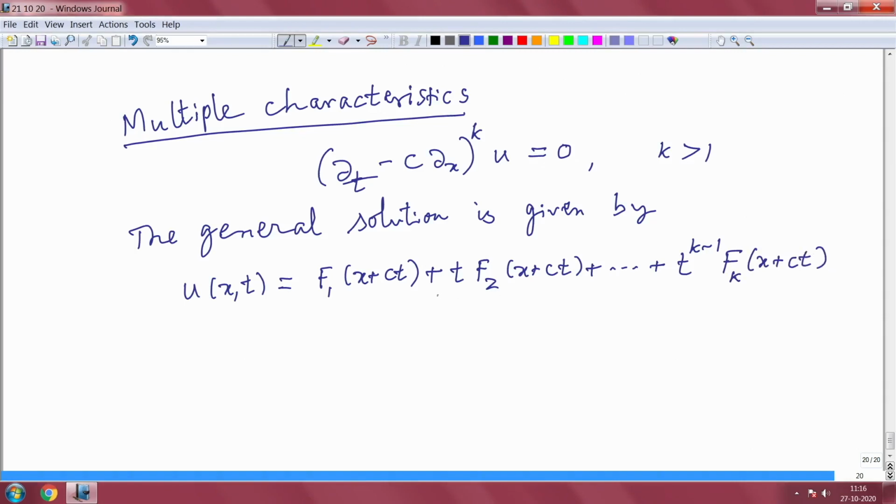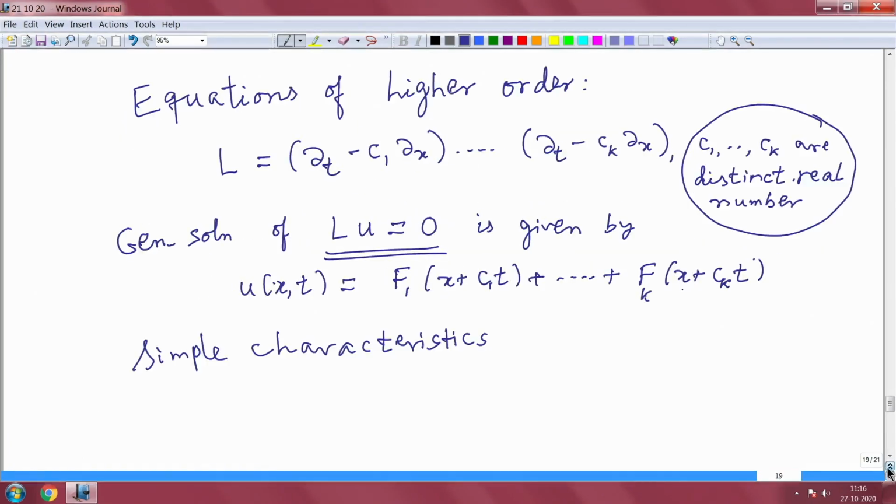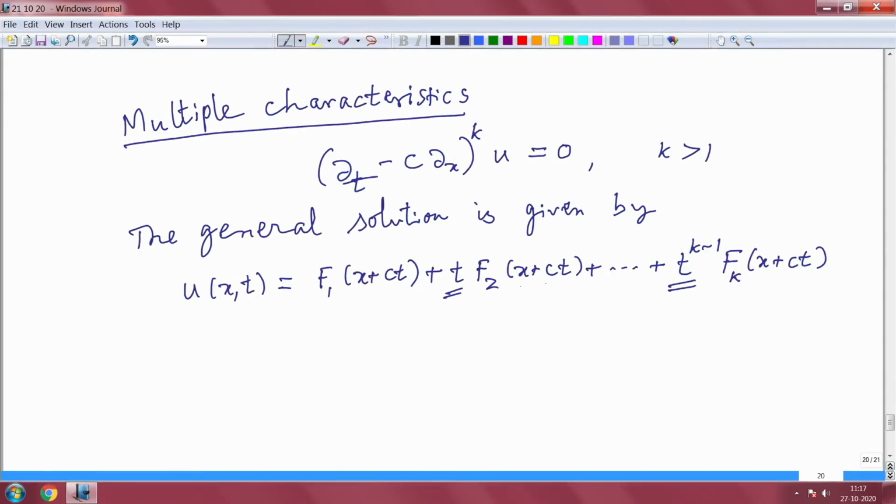And you see this factor t, which was not there in D'Alembert's formula and even in the simple characteristic problem. Even in the simple characteristic problem there is no t factor at all, but when you go to multiple characteristics, you see this factor of t.